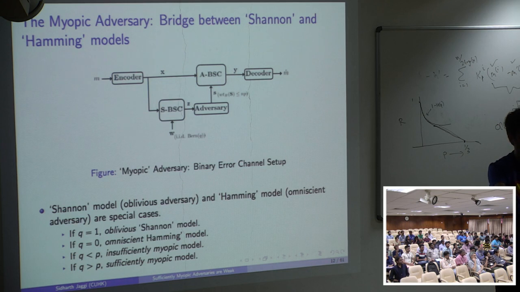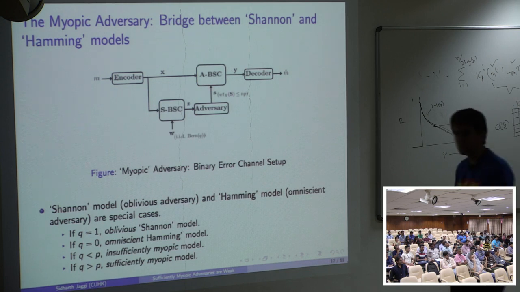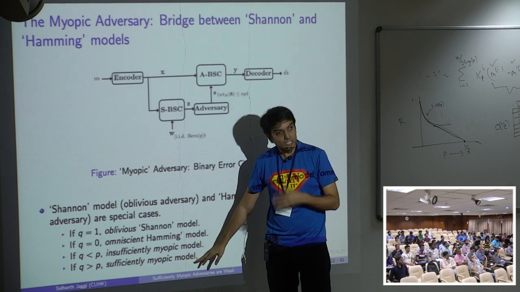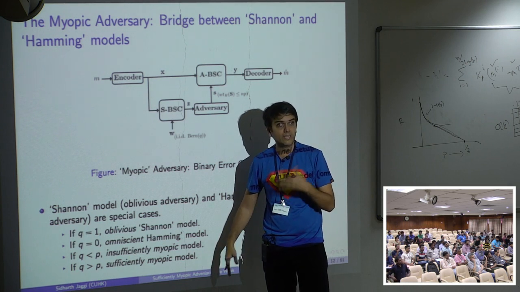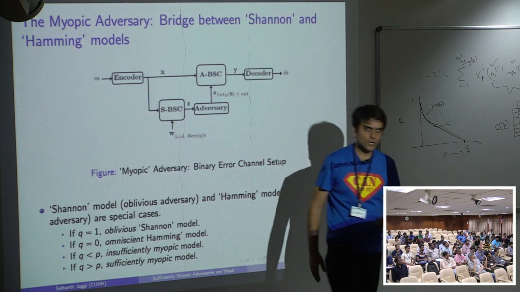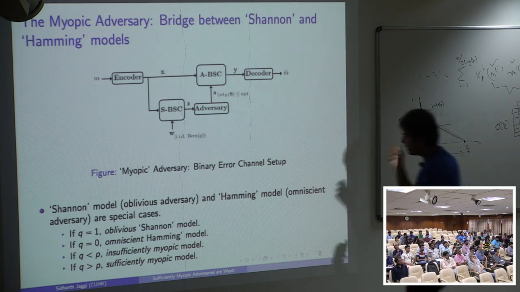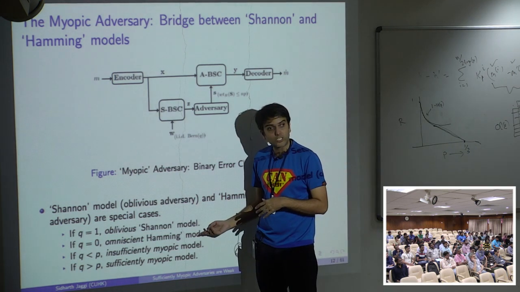So if the random channel to James is noisier than the adversarial channel he can impose towards Alice, then roughly speaking, and we'll formalize this more later, this is what we'll call a sufficiently myopic channel. This will turn out to be possible to characterize the capacity tightly in this region. Whereas the insufficiently myopic regime is closer to the omniscient channel.